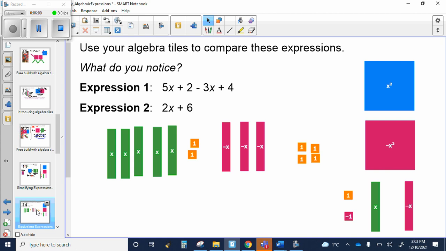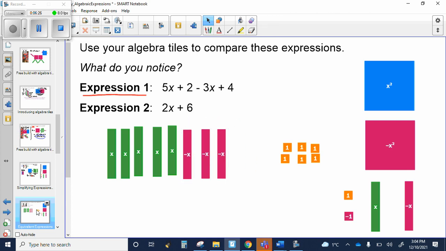Before I build expression 2, recall that what I'm doing right now is working with expression 1. I'd like to regroup this. When someone asks, did you group those terms? They simply mean, did you put the like terms together? I'm going to put these over here. All the unit tiles are like terms, and all the negative x tiles and the x tiles are like terms.